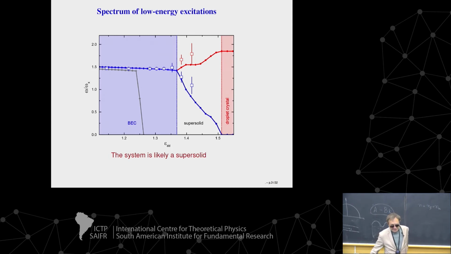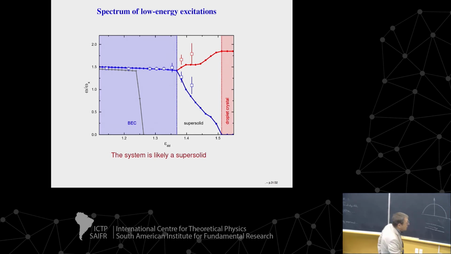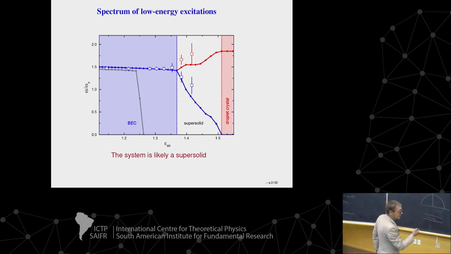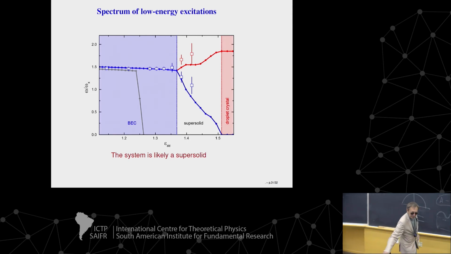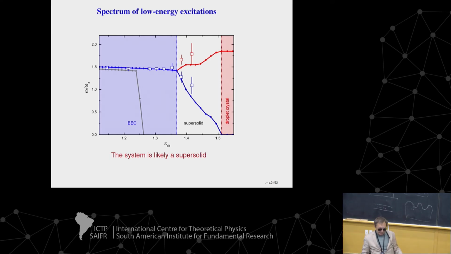It's one of the most exciting directions in the physics of dipolar systems to obtain transport properties of dipolar supersolids. It is very likely, as this picture says, that we have a supersolid state, but we do not know how superfluid it is. And what we are going to do now is to understand this.